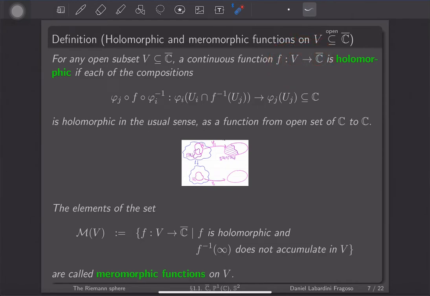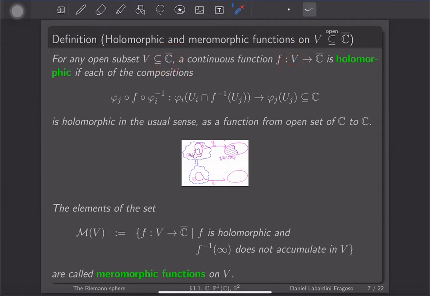From what you saw in your complex analysis course, you know what it means for a function going from an open subset of C to C to be holomorphic. Now I'm talking about something slightly more general, because now I'm allowing open subsets not only of C but of C bar, something a bit bigger, something a bit more general.